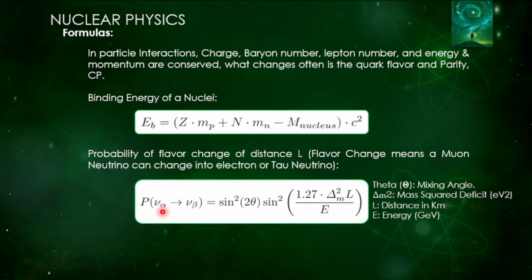The probability of switching flavor from neutrino alpha to neutrino beta is equal to sine square 2 theta, theta being the mixing angle, times sine square of 1.27 multiplied by delta m square, the mass square difference, times L, the distance in kilometers, divided by the energy in giga electron volts.